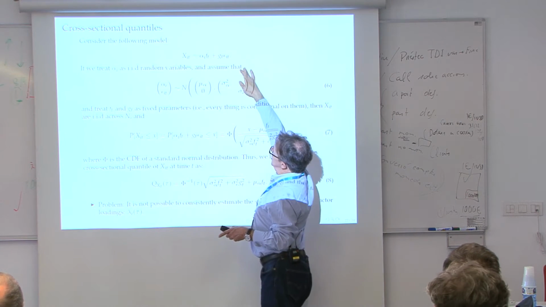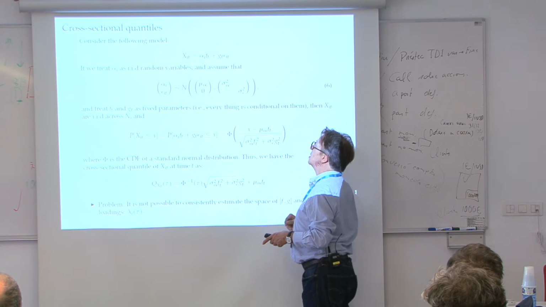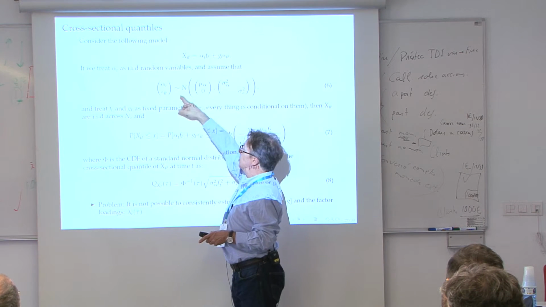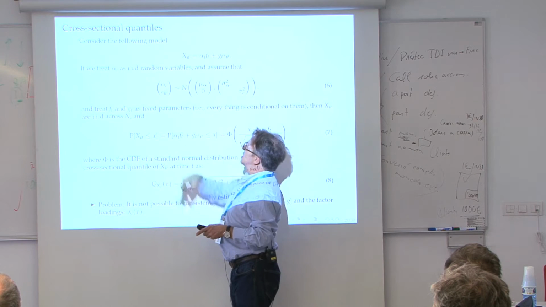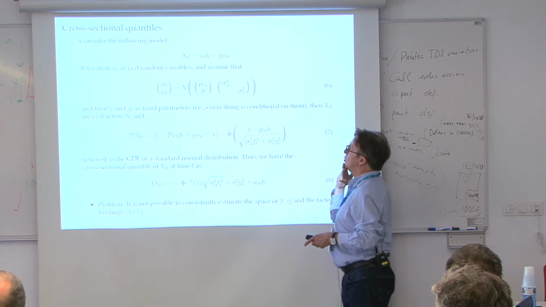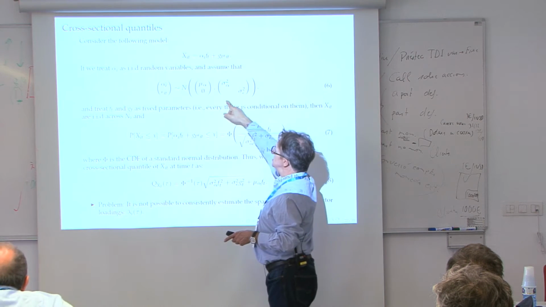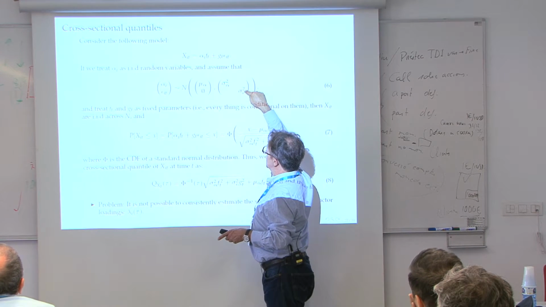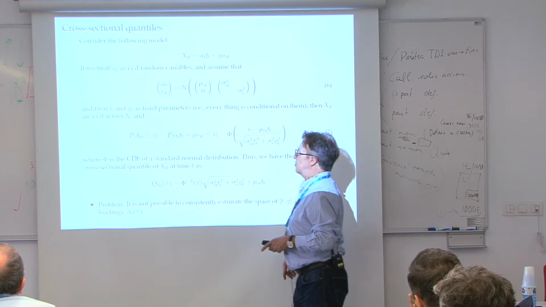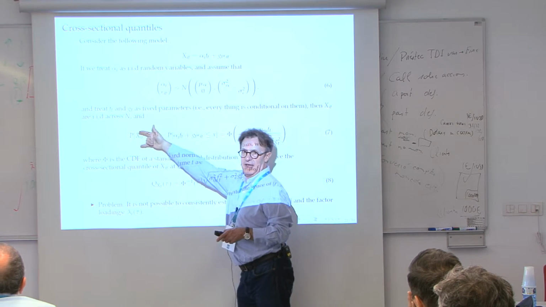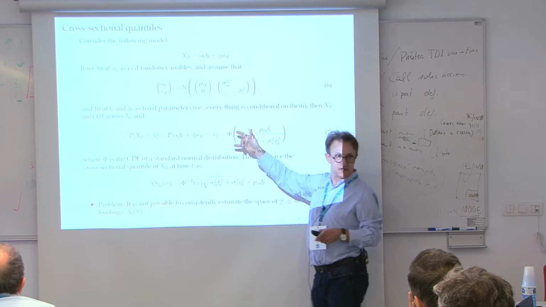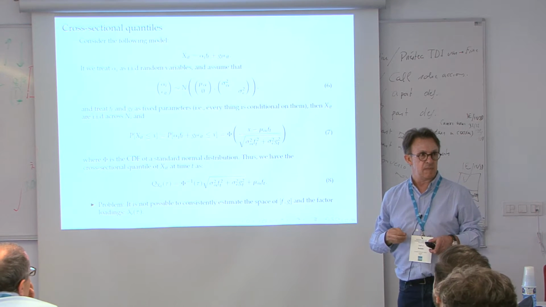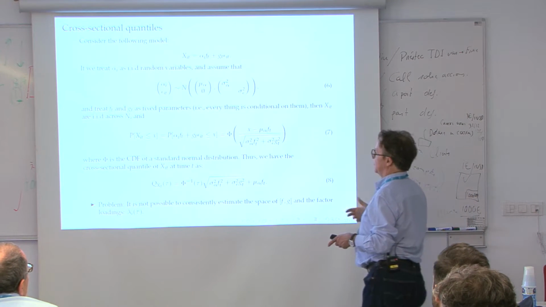Suppose we have the standard location scale model, and assume that, as opposed to before, the loadings, the alphas, are stochastic, they have a mean and a variance and are correlated with the idiosyncratic components. Then we can, again as before, define the probability that a particular observation is smaller than a given value.